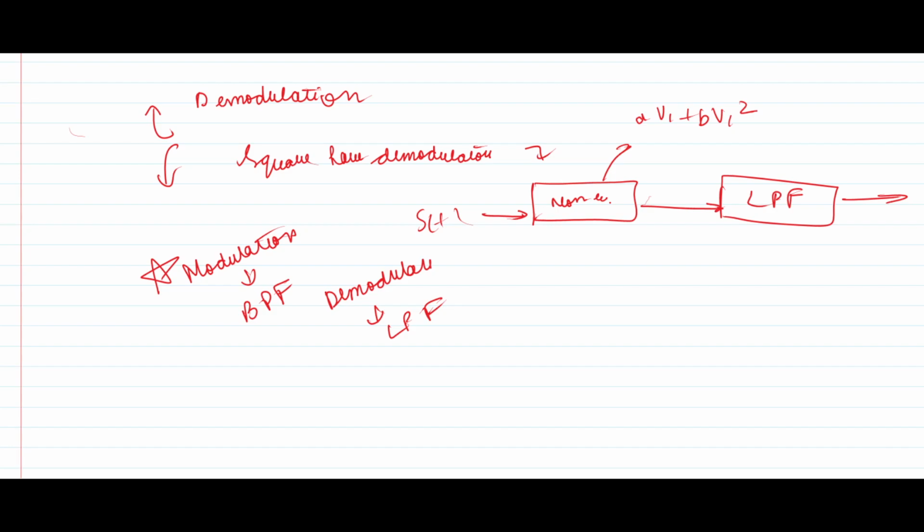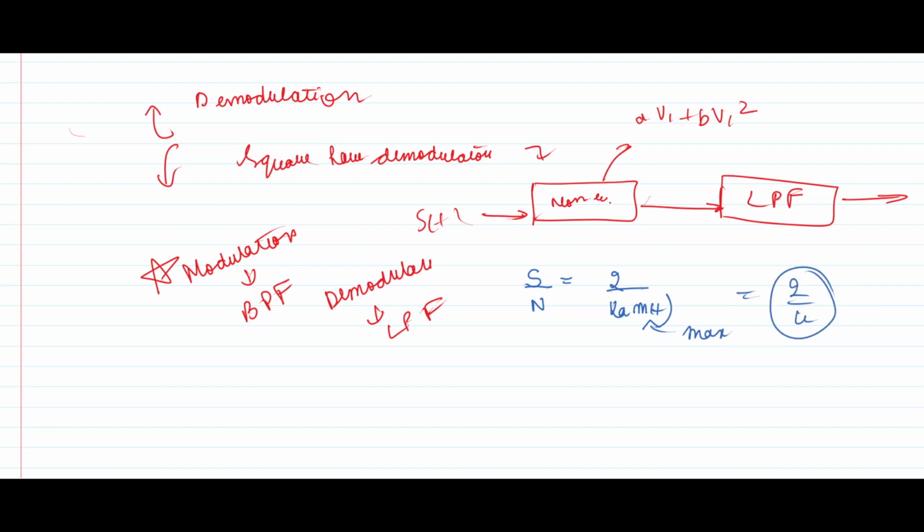An important thing here, which is also asked in various previous year ISRO exams, is what the signal to noise ratio is in a square law demodulator. The signal to noise ratio is given by 2 by ka mt, or you can write max value of mt, which is also 2 upon mu.